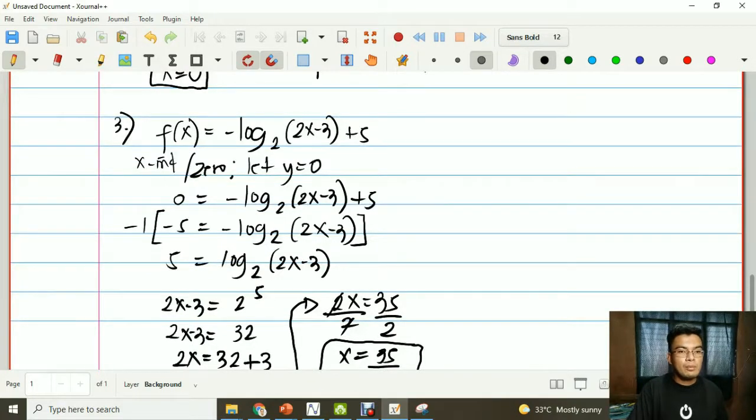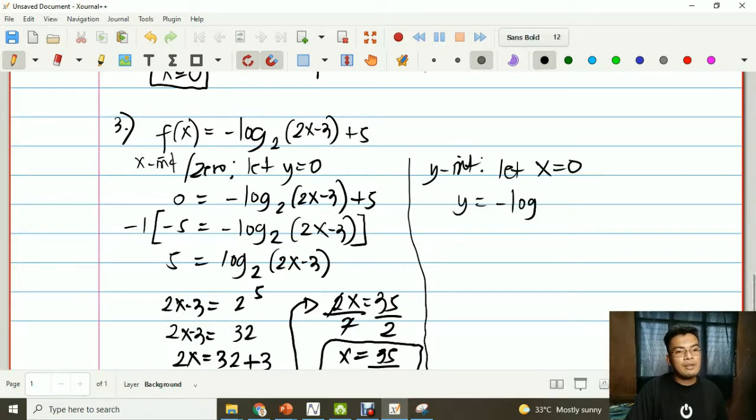For our y-intercept, we let x be equal to 0. So this will be y is equal to negative log base 2 of 2 times 0, this is 0, minus 3, and then plus 5. So 2 times 0 is 0.